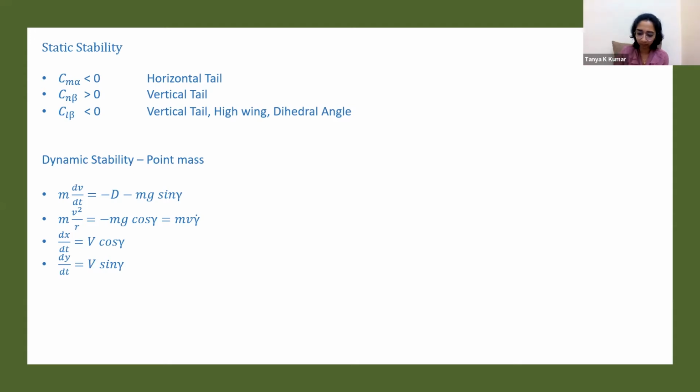We had discussed this previously, but I'll go over it again. The high wing: why it gives you stability and why the low wing does not. So for a high wing, when it is rolling, it banks towards the right, you have this configuration. The oncoming wind hits the lower surface of the wing and produces a restoring moment, which is why it contributes towards stability.